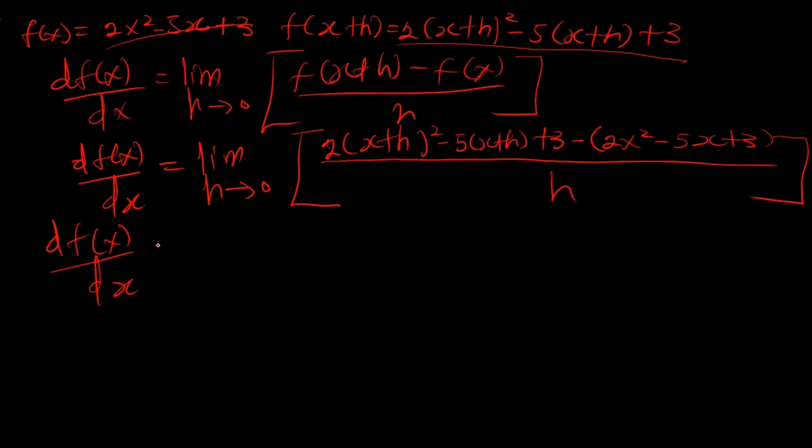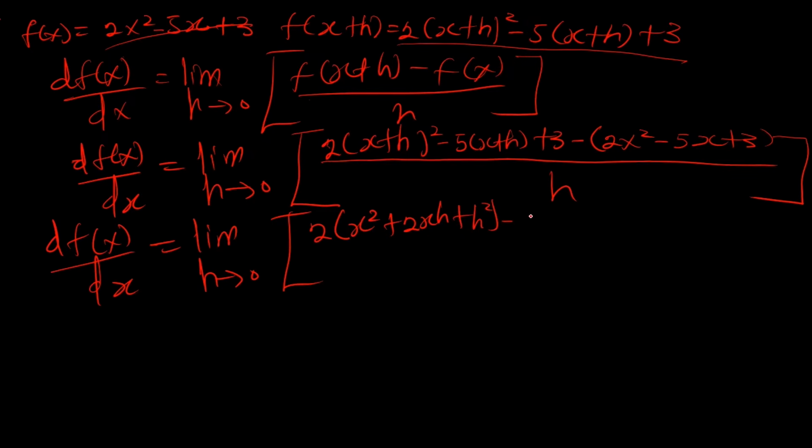So f prime of x will be equal to the limit as h approaches 0 of 2. Let's simplify the x plus h squared. We get x squared plus 2xh plus h squared, minus 5 multiplying x plus h, plus 3, minus 2x squared minus 5x plus 3, all over h.